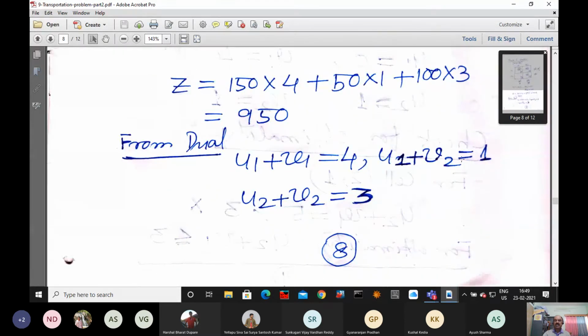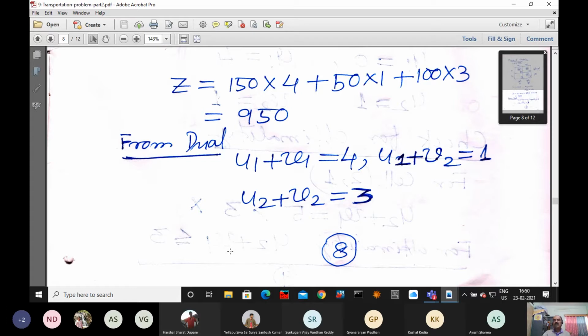So these are the three equations, 4 variables. We are setting one of them 0: U1 equal to 0, V1 equal to 4, V2 equal to 1, and V2 equal to 1 means U2 equal to 2.